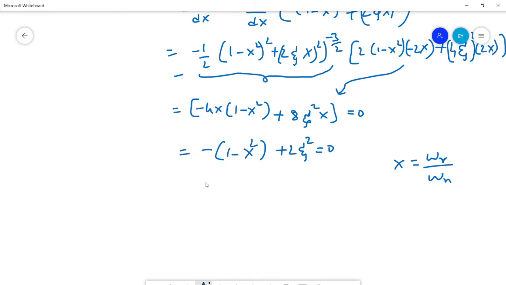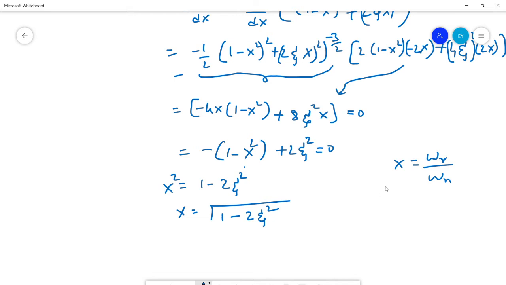Therefore what you can write here is x square is equal to 1 minus 2 zeta square. Therefore x equals root of 1 minus 2 zeta square.